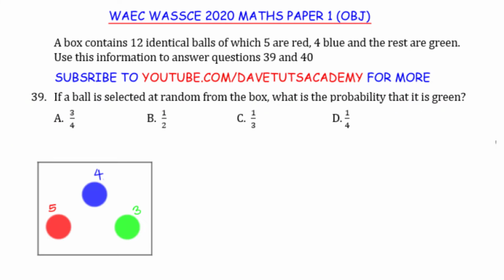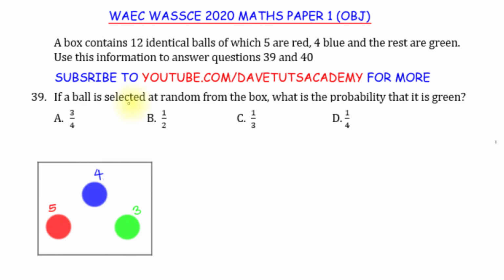A pictorial view of what we are talking about is being shown here, in which we have 5 red balls, 4 blue ones, and 5 and 4 constitutes 9. Since we are told that the total balls that are being featured here are 12, that means the number of the green will be 12 minus 9, and that makes the green balls a total of 3. So that's as it is depicted in the diagram.